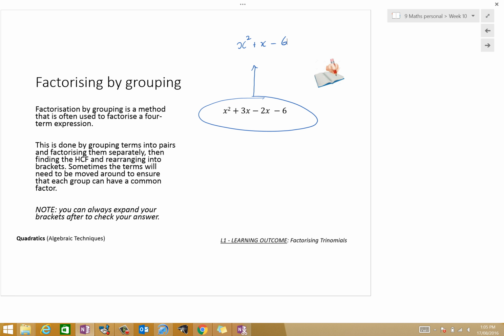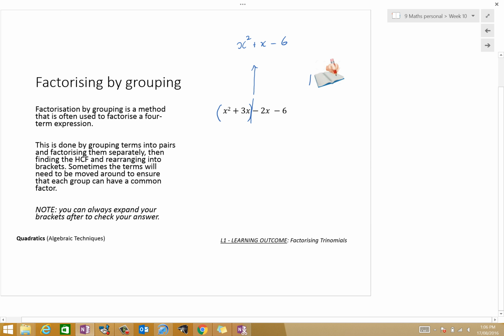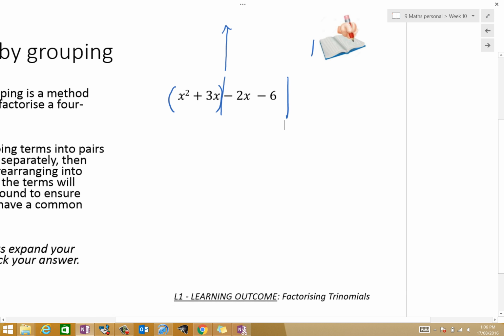We need to group 2 terms and take their highest common factor. It doesn't always happen to be the first 2 terms, but it just so happens to be in this example. So let's have a look at these first 2 terms. If I group these 2 together and then group these 2 together, what is the highest common factor of these 2?